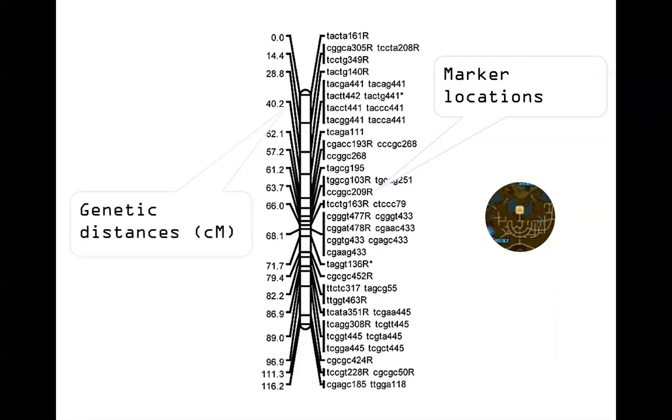On the left-hand side, we have genetic distances, which you can see are additive as you go. So we're adding these up: 14 being the distance between this original marker and here, 14.4. Again, we're another 14.4 away from this one. Here, what is this, like 12 away, 12 again, here's 5 map units away.